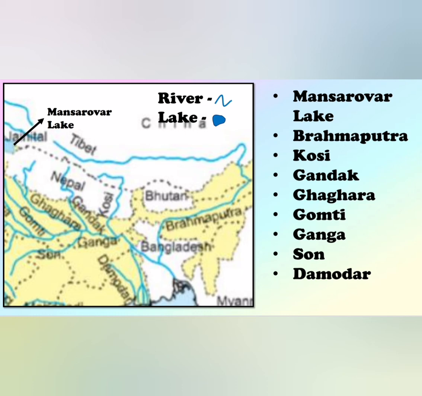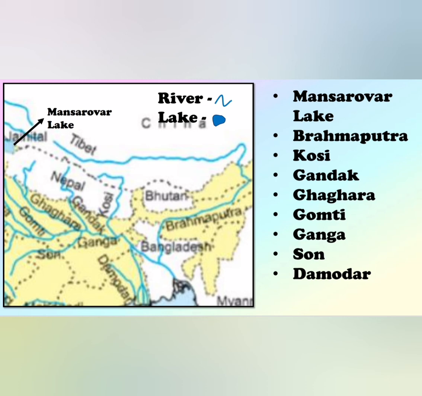So now moving from the north towards the eastern side, we have first Mansarovar Lake, then a long flowing river from Tibet to Bangladesh, which is the Brahmaputra river.